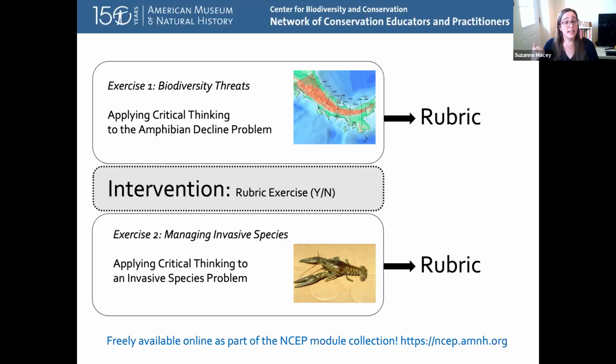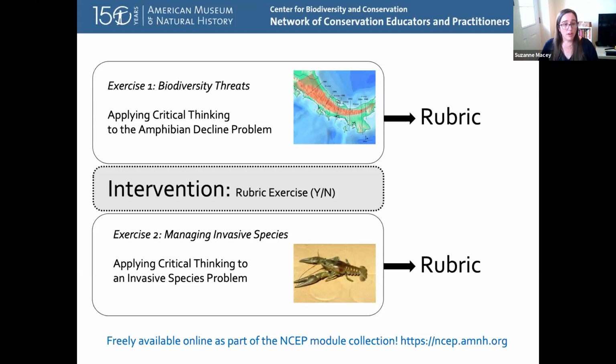And then at the end of the course, there was a secondary critical thinking exercise, this one, for example, on invasive species. So the content is still in these exercises, but the skill of critical thinking was also another skill we wanted to get out of this experience. Students did this exercise too, and there's a rubric.